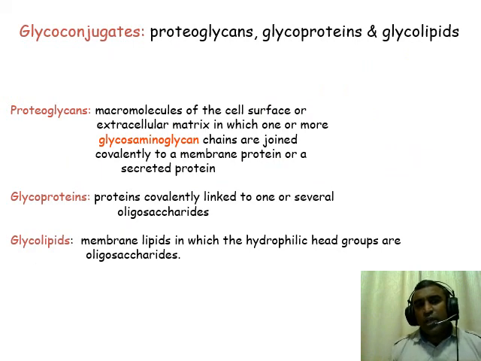So next we look at conjugates. That means the carbohydrate conjugated with protein. There are two, proteoglycan, glycoprotein, and also the carbohydrate conjugated with lipid, that is glycolipid.